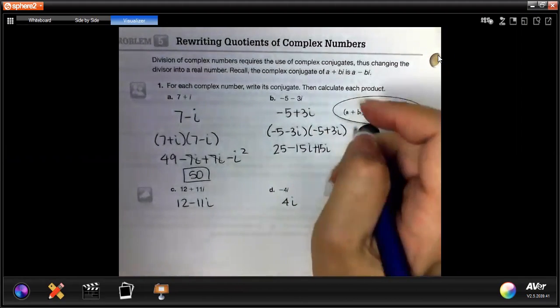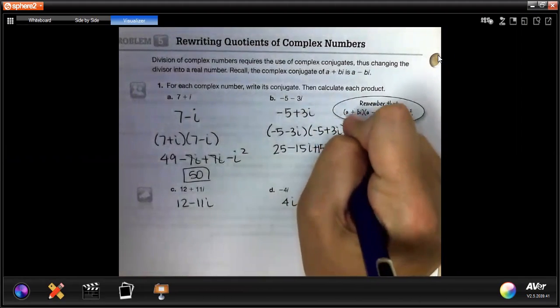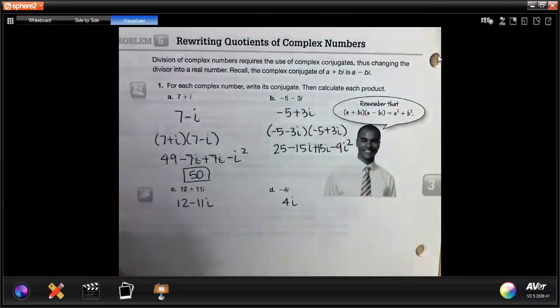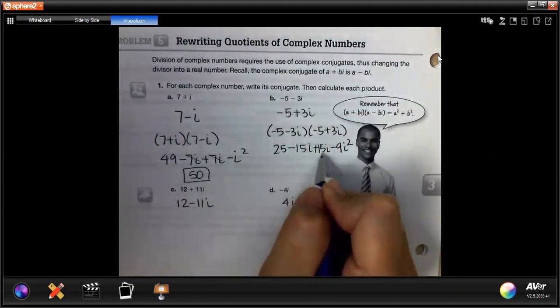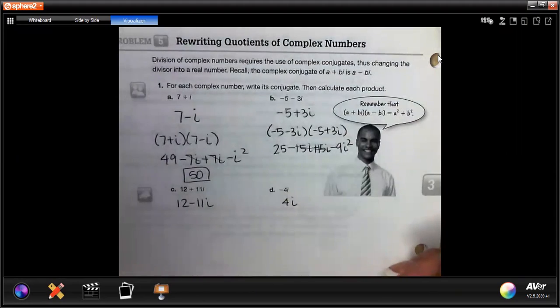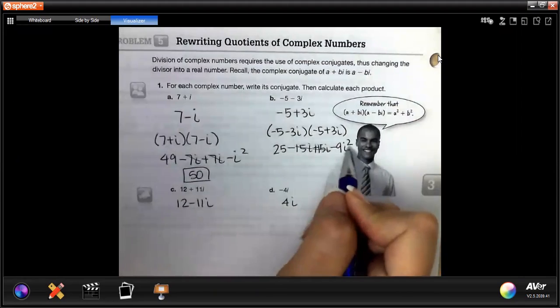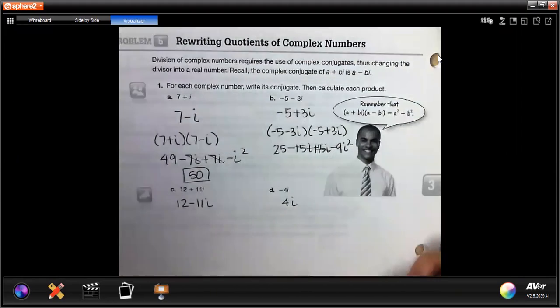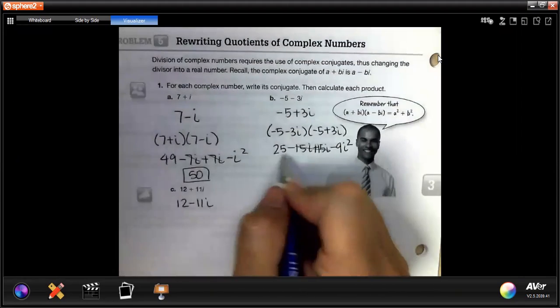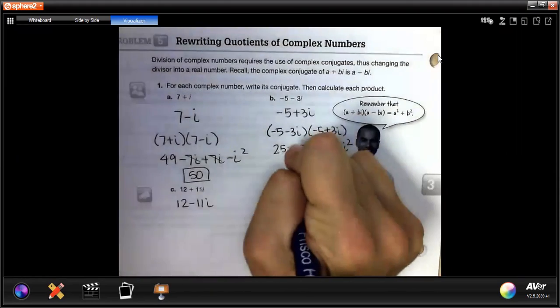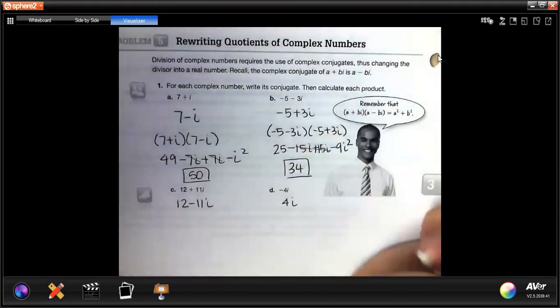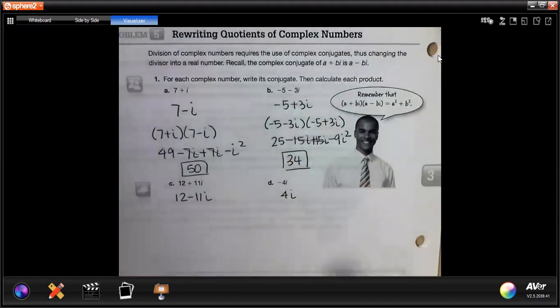Negative 3i and positive 3i give us a negative 9i squared. The negative 15i and positive 15i cancel out since those are both the same term with a different sign. i squared is negative 1, so this turns it into positive 9. So 25 plus positive 9 gives us 34. So the i is going away.